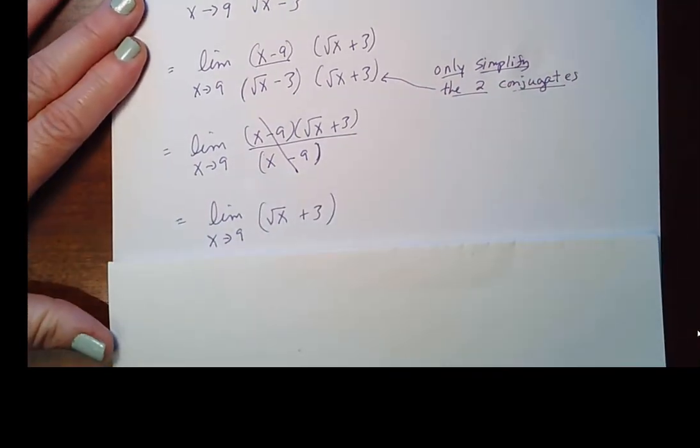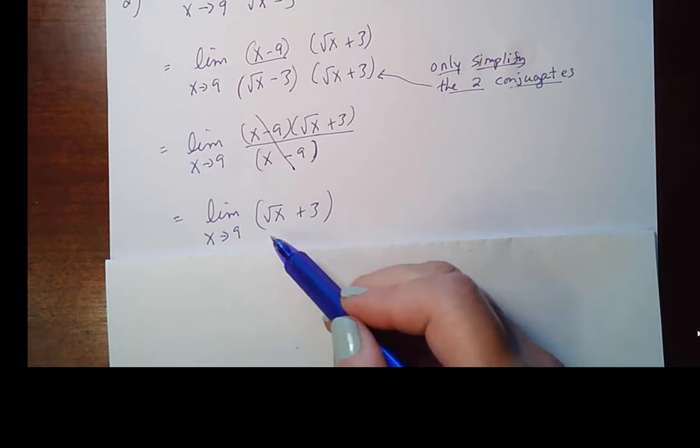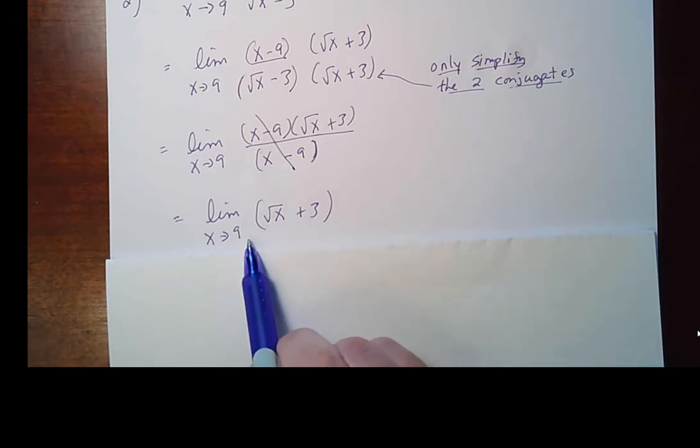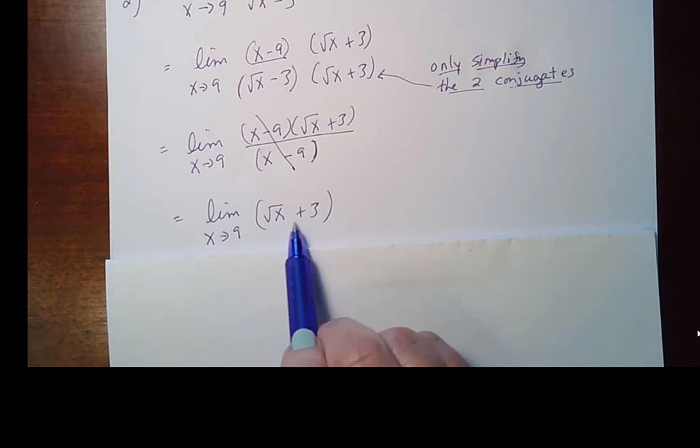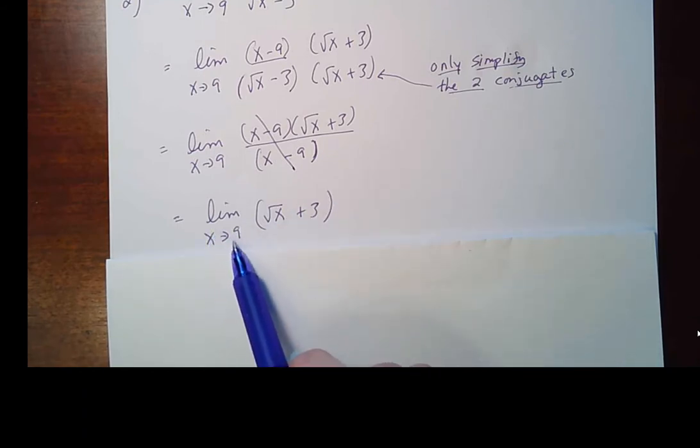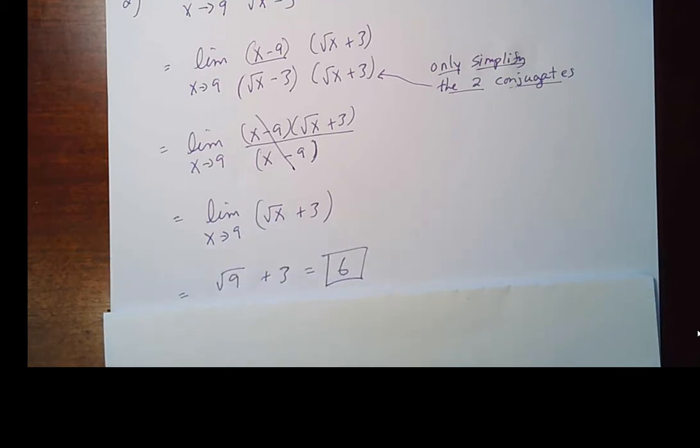That gives me lim of square root of x plus 3 as x approaches 9. Notice I rewrote lim because the variable still appears in the argument. But now I'm going to actually take the limit by plugging in that number, and that gives me square root of 9 plus 3, that's 3 plus 3 is 6, and that corresponds to what we found out earlier using the table.